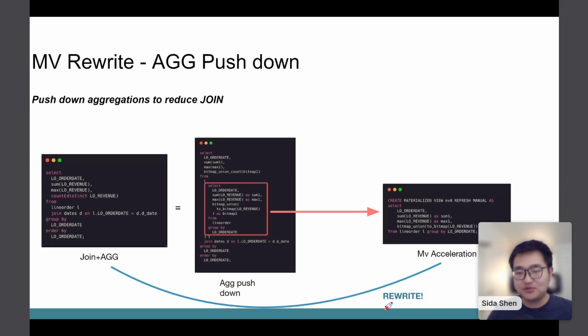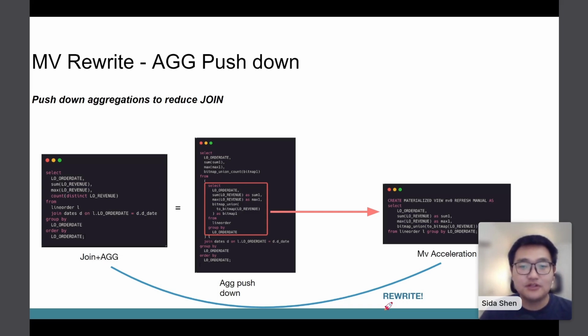So you push the aggregation down to do that first, to reduce the amount of data you're dealing with during the join process, right? And StarRocks, if you have a query like this, can automatically rewrite the query to encapsulate the aggregation in a subquery, and use the materialized view, if it's available, to take care of that aggregation first. So the whole query process is a lot cheaper, right?